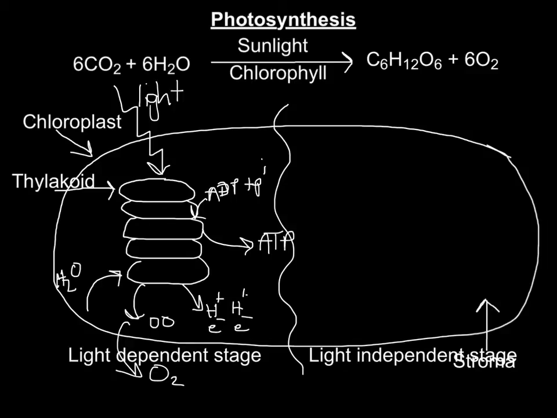We're still left with our hydrogen ions and our electrons, and they don't just stay there. We actually need those in the light-independent stage. They're really important for the light-independent stage. So we need a way of transporting them over there. And fortunately enough, we've got these little taxi molecules in our chloroplasts that actually taxi the hydrogen ions and their electrons from the light-dependent stage over into the light-independent stage.